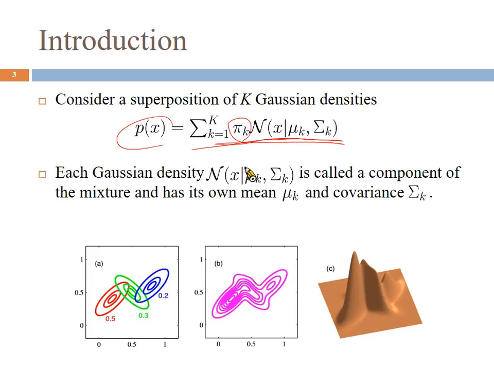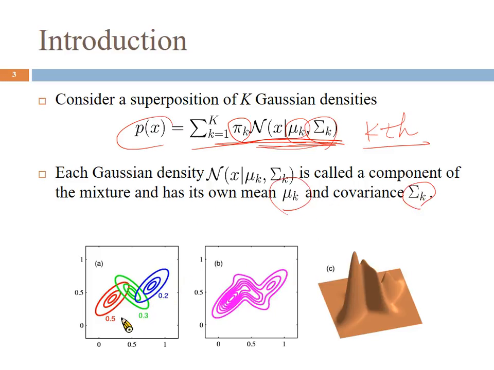Pi k is the linear weight for the k-th Gaussian, and N(x | mu k, sigma k) is the k-th Gaussian. And we can specify mu k and sigma k to specify the k-th Gaussian. Okay, so each Gaussian density is called a component of the mixture and it has its own mean mu and sigma.